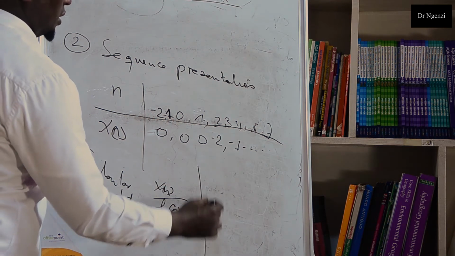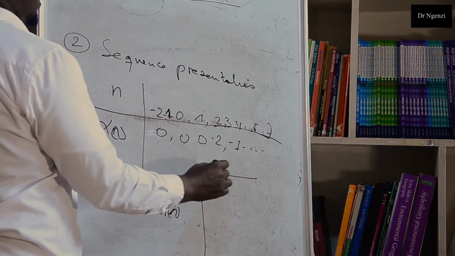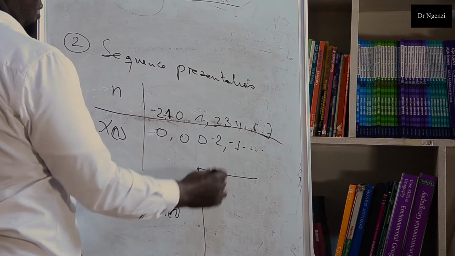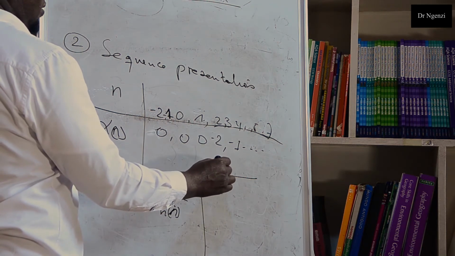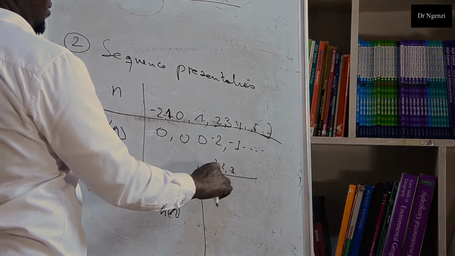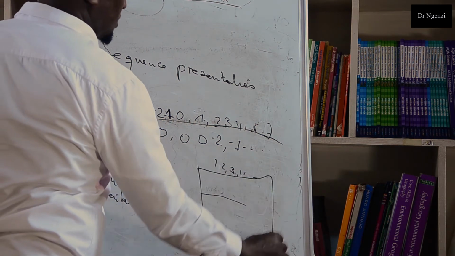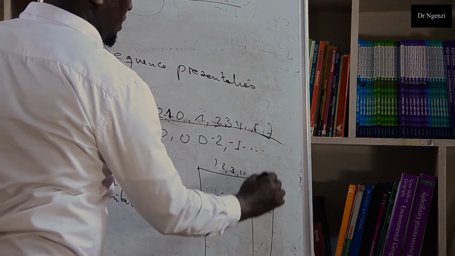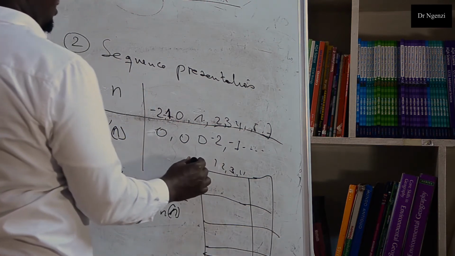Then you draw a table and put some values in it, for example 1, 1, 2, 1, 2, 3, 1.